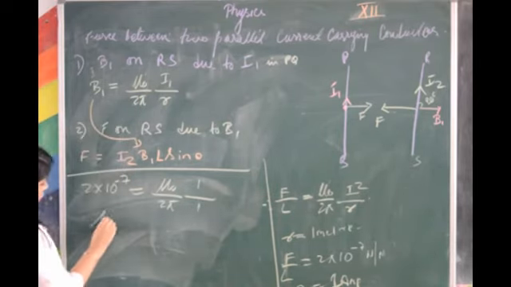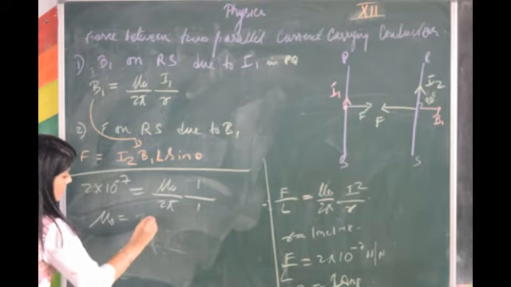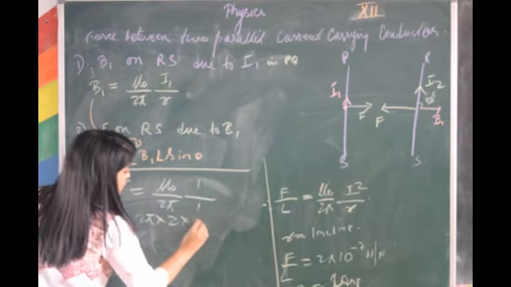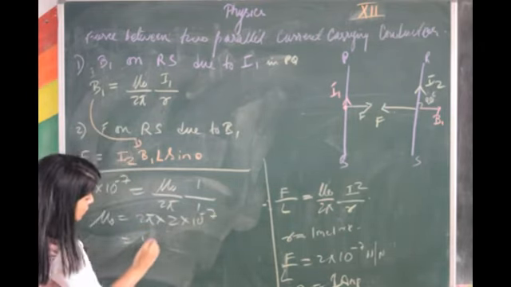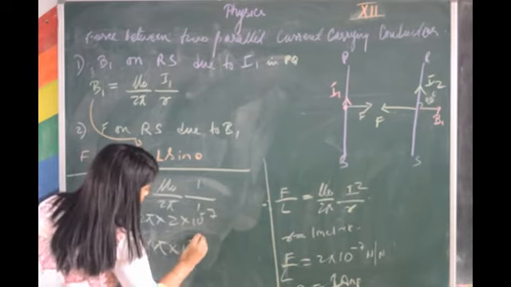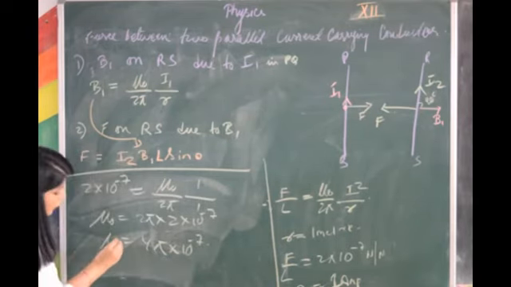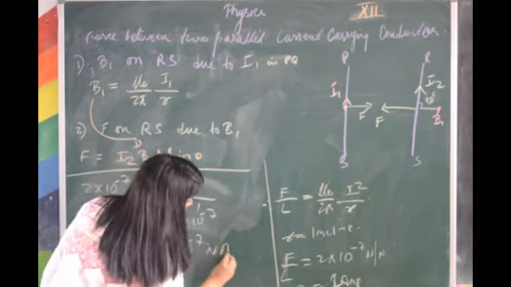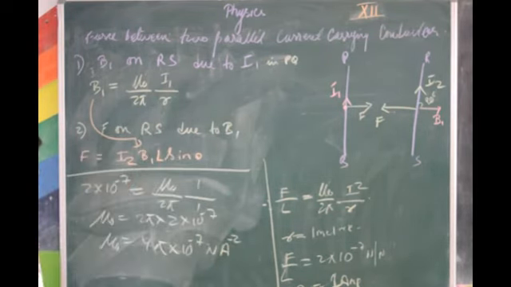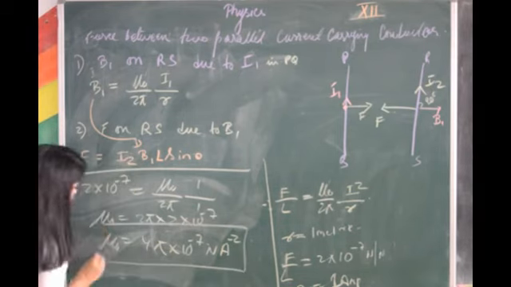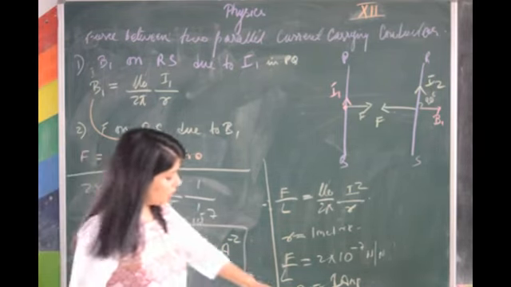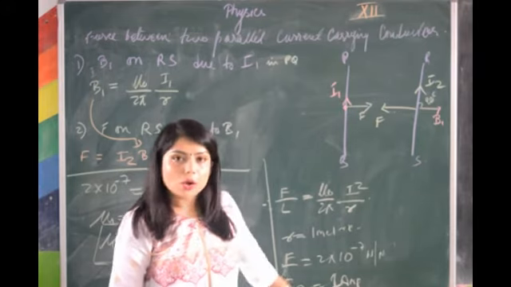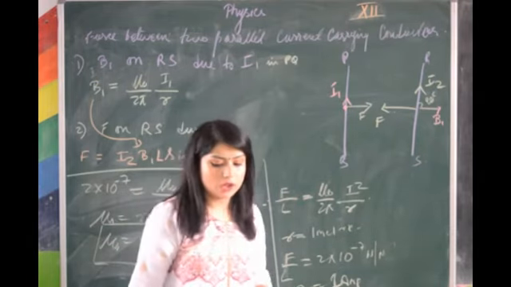So from here, your mu naught becomes 2 pi into 2 into 10 to the power minus 7. So this becomes 4 pi into 10 to the power minus 7. This is the value of mu naught. The unit of mu naught will be Newton per ampere square. So from here, the value of mu naught can be derived, and even the ampere can be defined by this equation that is given in the book.